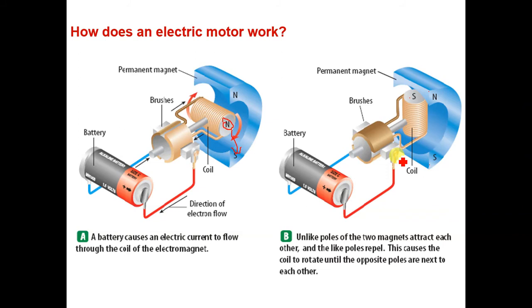So here we need something extra that we didn't talk about in the galvanometer. So till here it's the same concept of what? Galvanometer, the same steps. But now in the electric motor, how does it differ from a galvanometer?